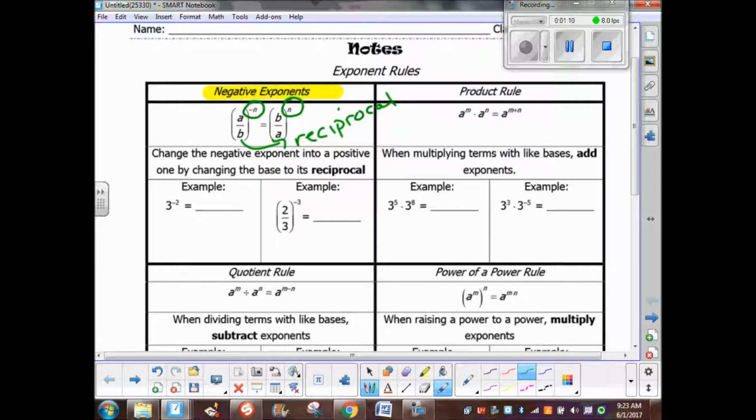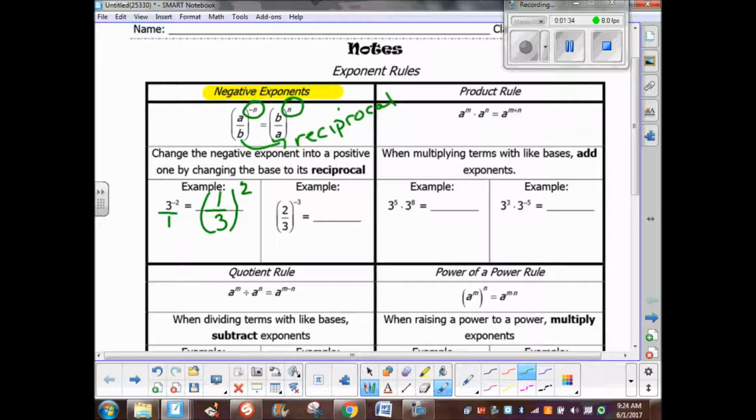Okay? So we have our examples here. 3 to the negative 2. What would that be equal to? Think about that 3 as a fraction, because it's 3 over 1. So do those 2 steps, Ethan. 1/3 to the second power. What about the next example? 2/3 to the negative 3.